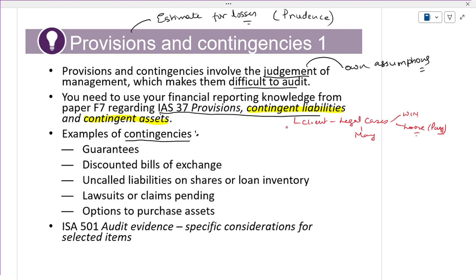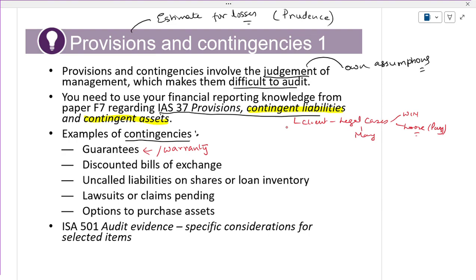What are the contingencies? Sometimes you will give guarantees. Nowadays, guarantee has been replaced by warranty. When you are buying a car, they say warranty for 7 years. Warranty means maybe or may not be.